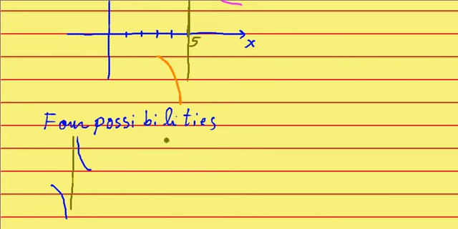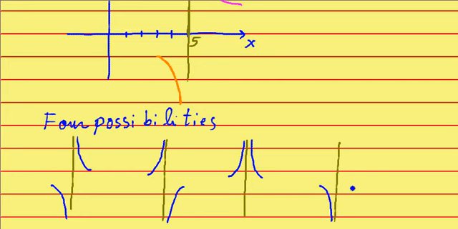The other obvious possibility is just the reverse of this: on the left you are going up, on the right you're descending. It's also possible that on both sides you have the same behavior, that on both sides you're just pulling up to, say, plus infinity. Possibility number 4 is that you just descend on both. As you come close to the asymptote, you go down.